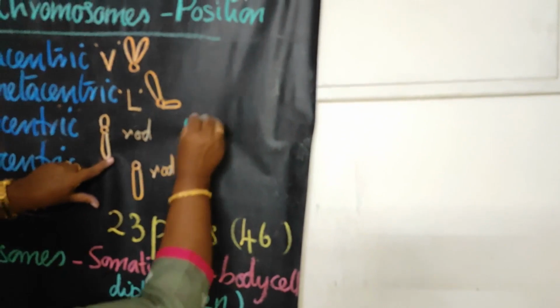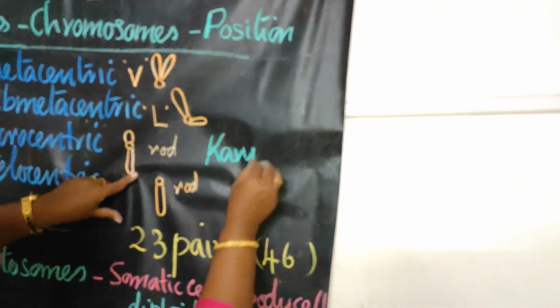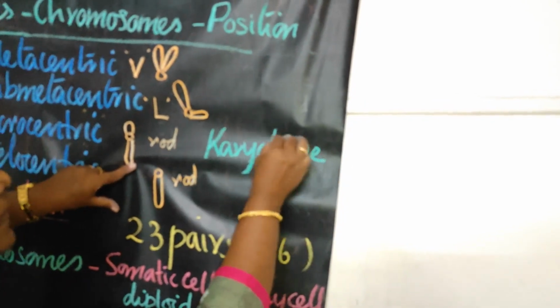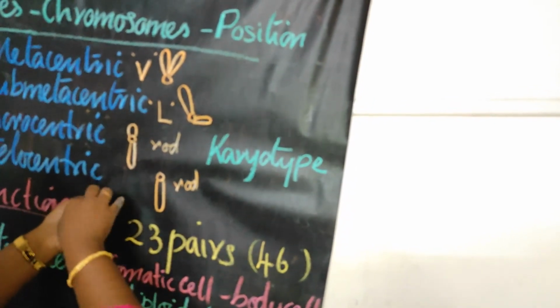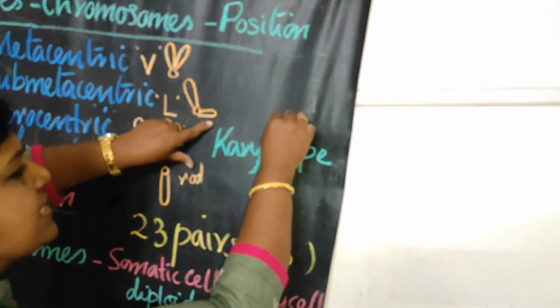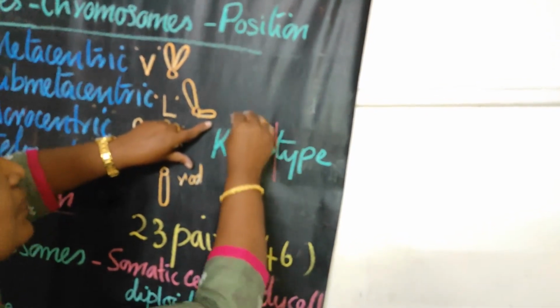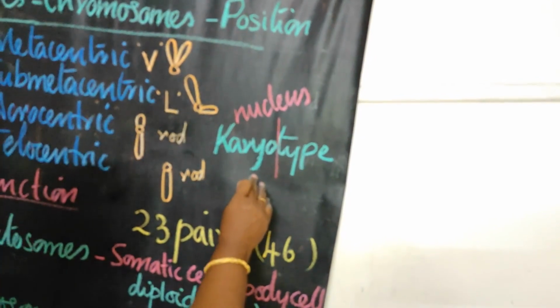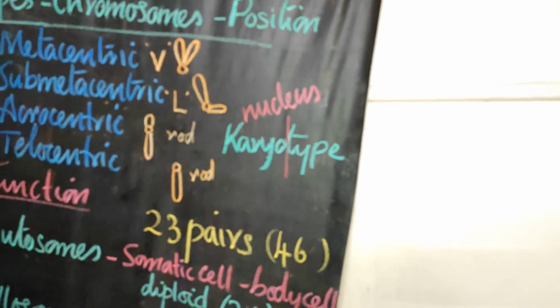And the last one is karyotype. Here karyo means nucleus.